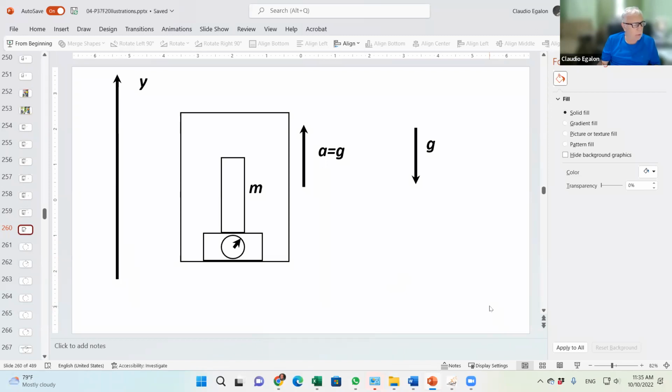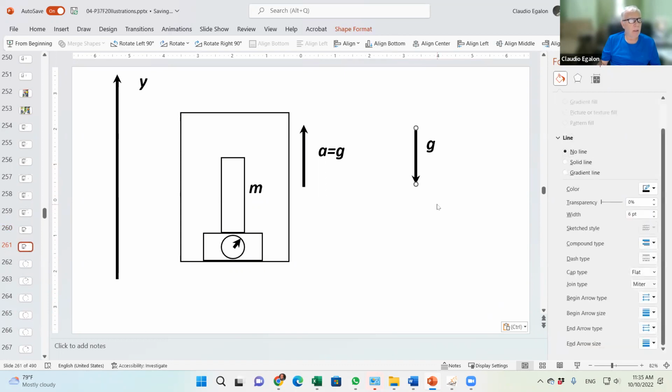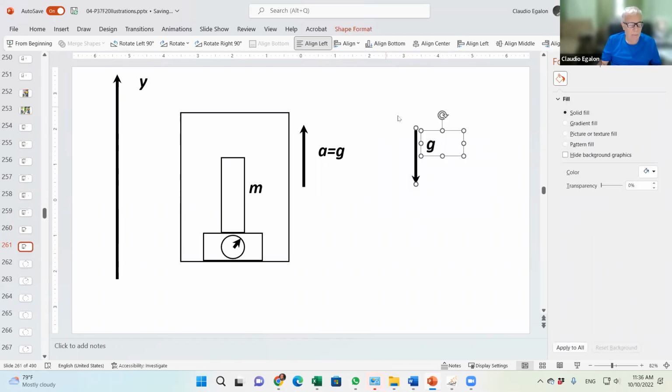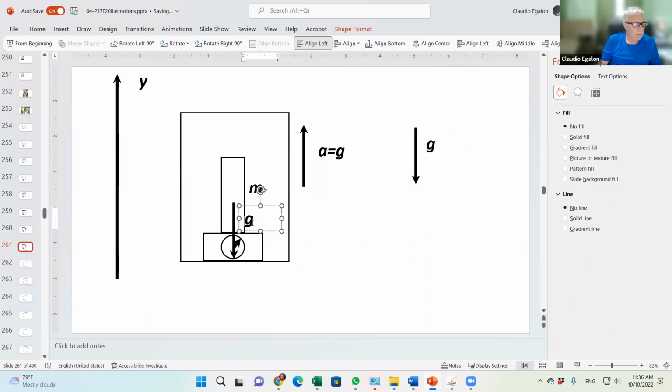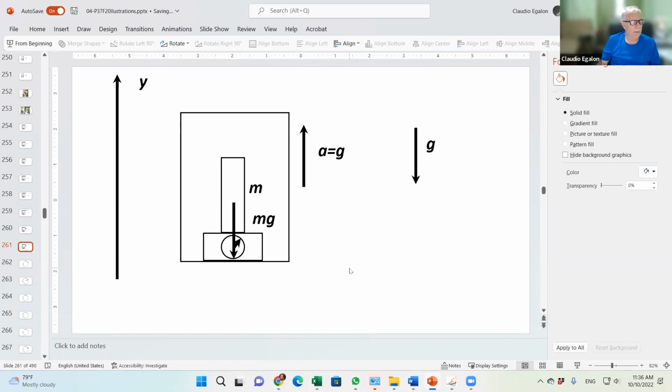Okay, so the first thing you gotta do is to figure out what are the forces that are being applied to this occupant. The first force that comes to mind is the weight. The weight is always there. The occupant has mass m. So the weight is going to be downwards. But now, don't forget, this guy is standing on top of a scale.